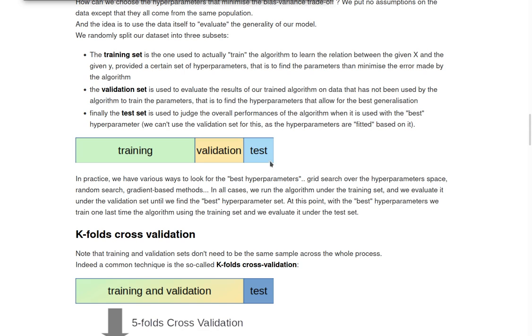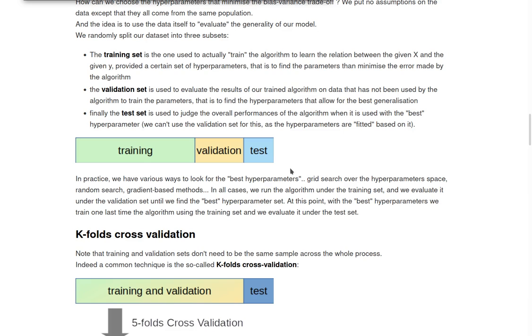We really need to use the algorithm on some data that has never been used, neither for finding the parameters nor for finding the hyperparameters, and this will tell us really how much confidence we can put in this algorithm.